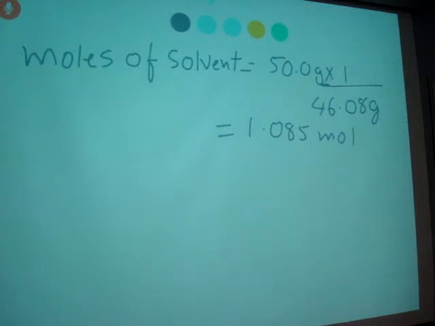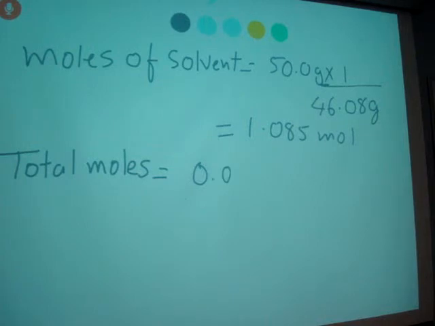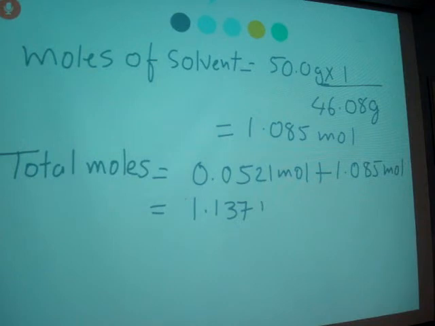Now we need to find our total moles, because for the mole fraction we need the total moles. That is 0.0521 moles of eugenol plus 1.085 moles of ethanol. When you add them together, you get 1.137 mole of total moles.